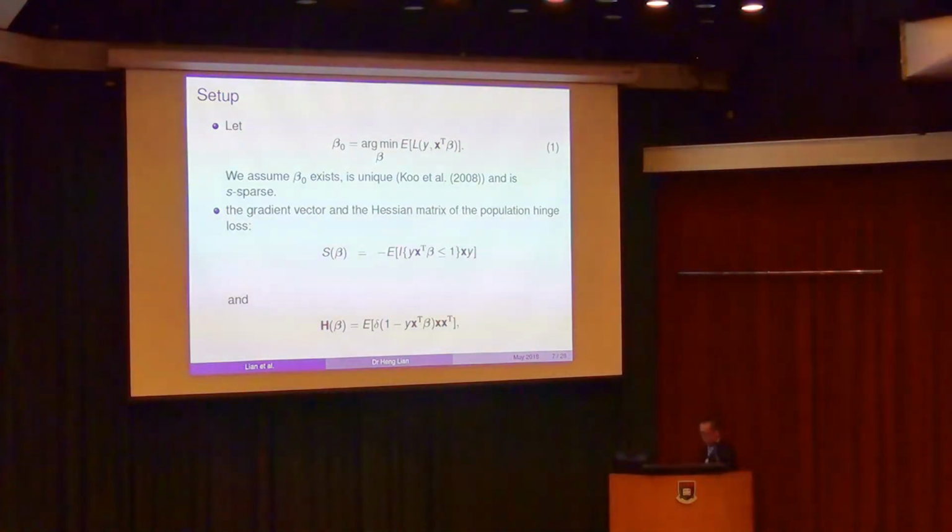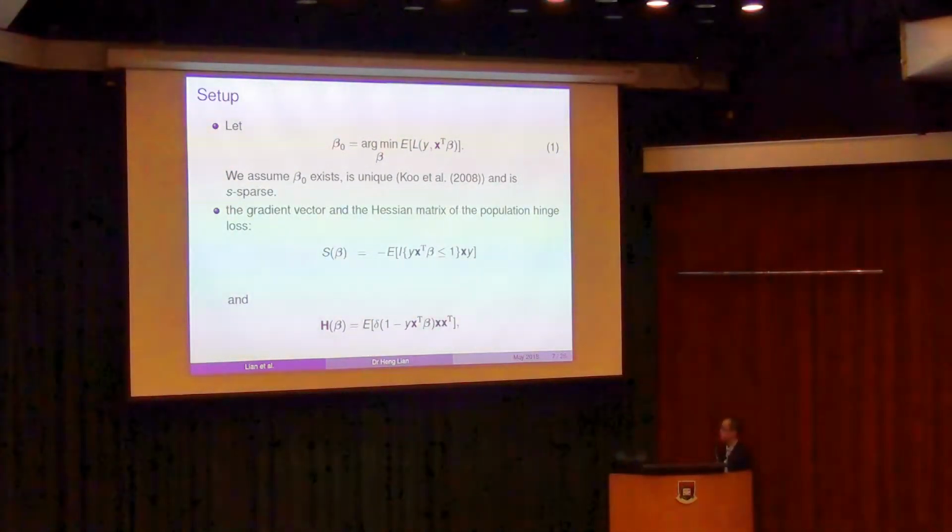Doing asymptotic analysis in statistics is usually standard, except that here we have a bit of a technical challenge, in the sense that the loss function here is not differentiable, just at one point. Not a big deal usually.